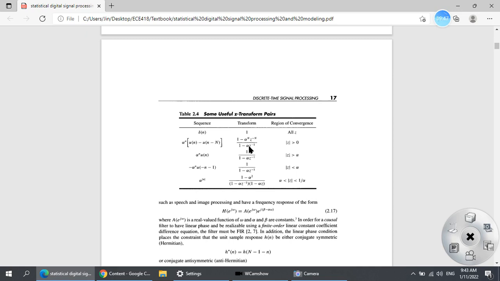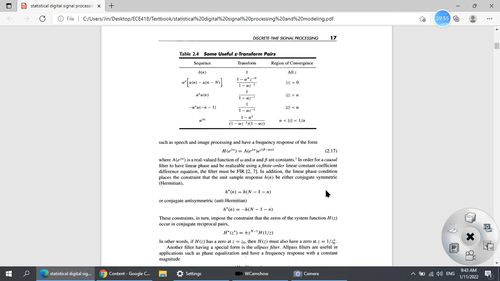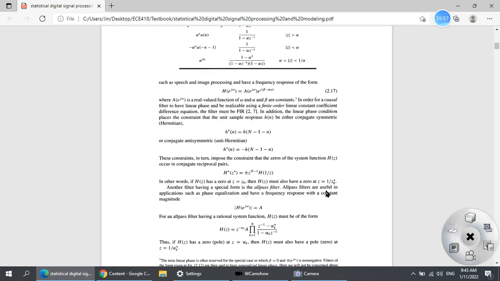Okay, this is a table in the textbook. What else do I want to explain? Here we have a notation, this star. We need to use this star later in a lot of places. This notation is for the conjugate of a complex number.